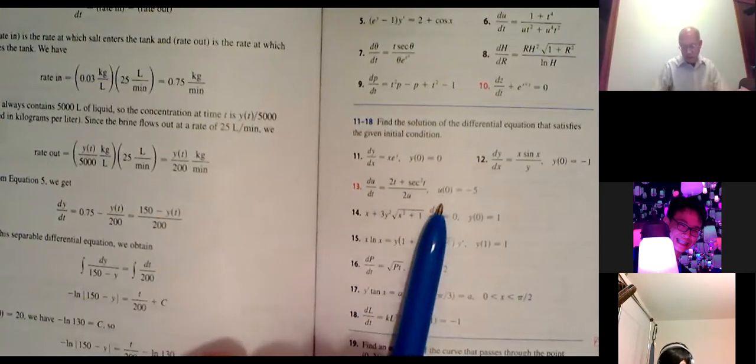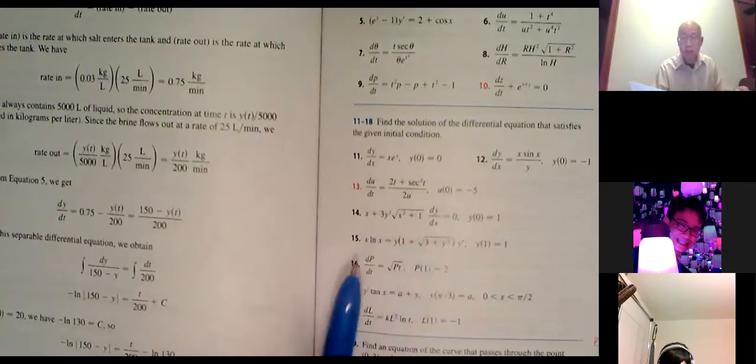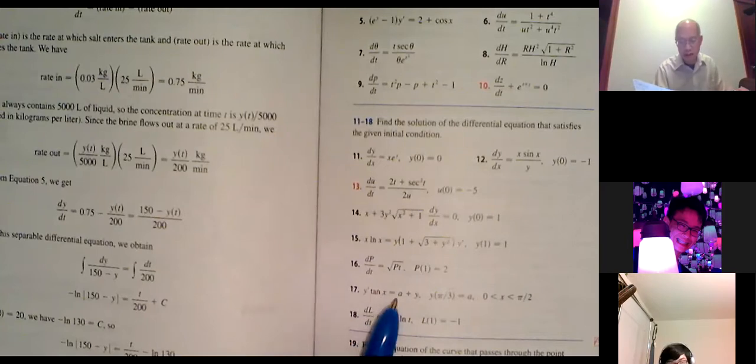U of 0 equals -5. And while I'm at it, I was going to show you 17. Also, y prime tan x equals a plus y. Y of pi over 3 is a. Yeah, 17 we match. So that's going to be fine.